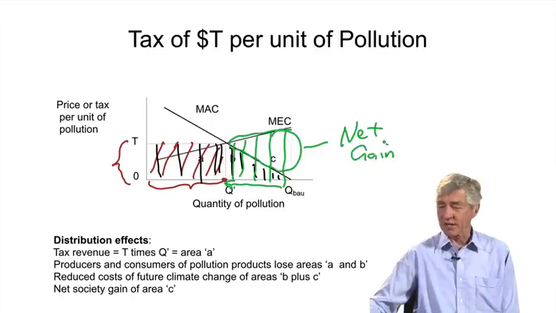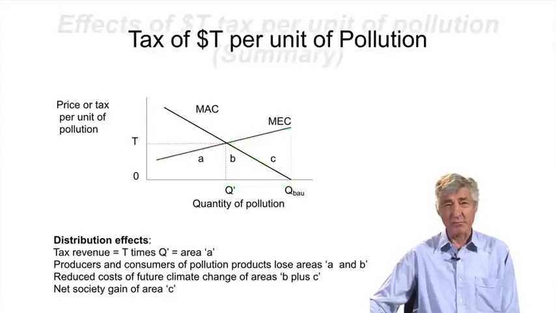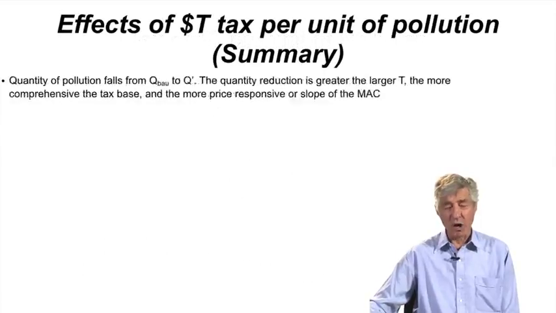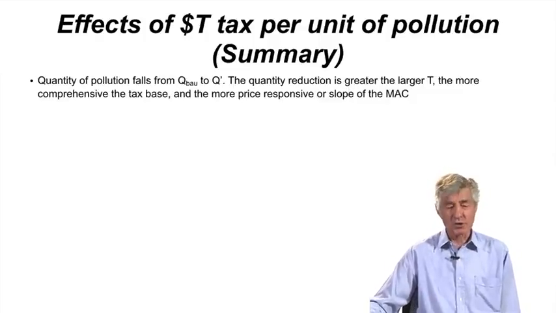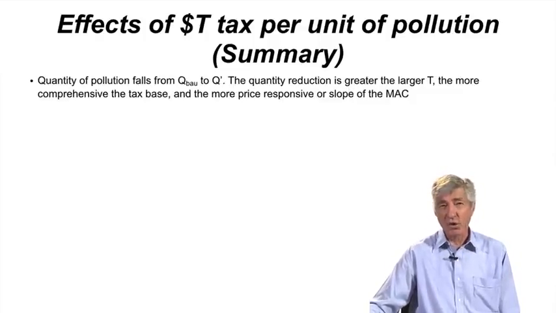But what we're seeing is there are some winners and some losers. And what this slide does is summarise that story for you. Pollution falls, and it's going to fall more the flatter that marginal abatement cost curve, that is, the easier it is to change from more polluting to less polluting ways, and the larger the tax. And that curve will be more responsive the larger the tax base.